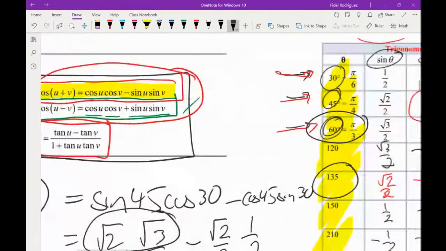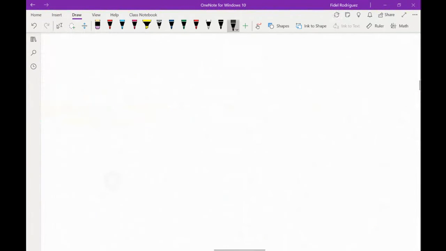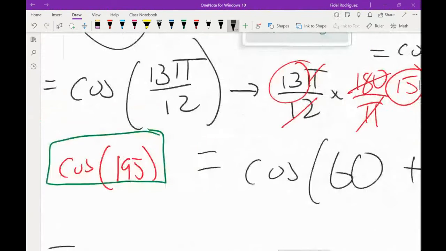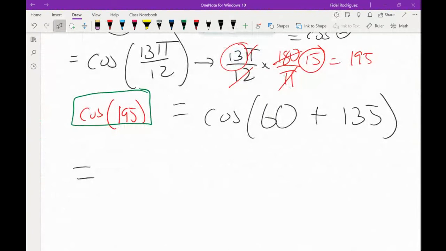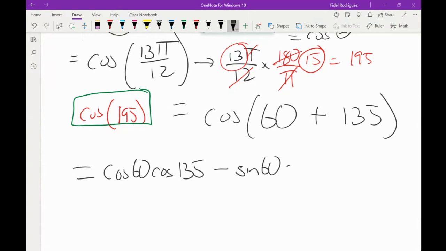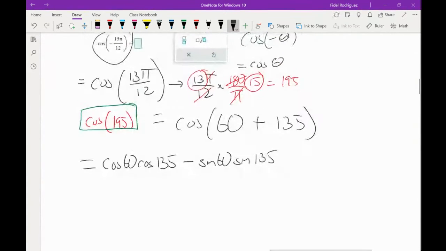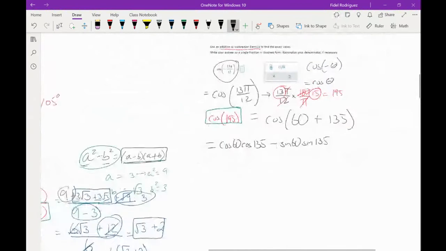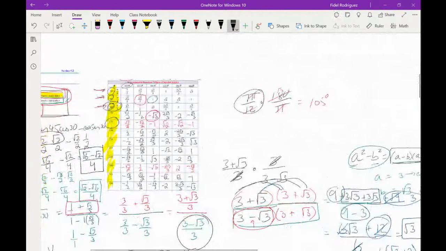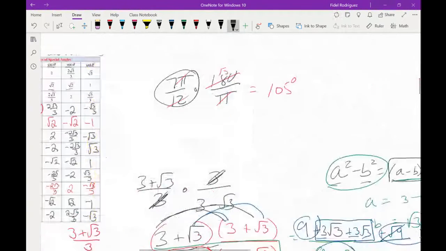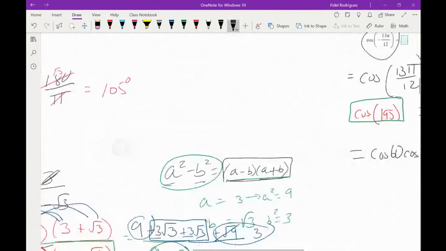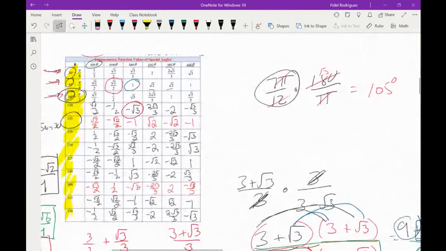So, okay, cosine of 60, cosine of 135 minus sine of 60, sine of 135. Okay. So now I'm going to scroll back over here, and let's take a look. What am I trying to find? Cosine of 60 and cosine of 135.